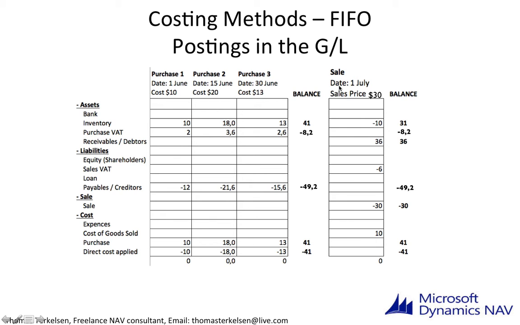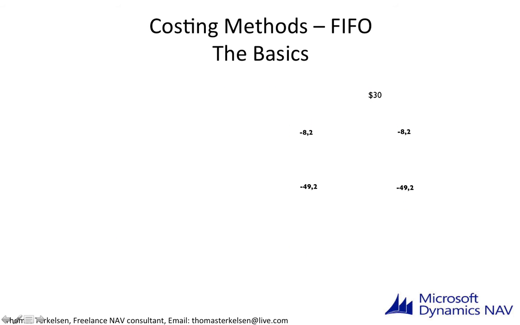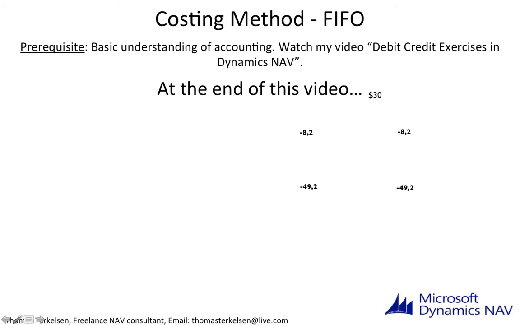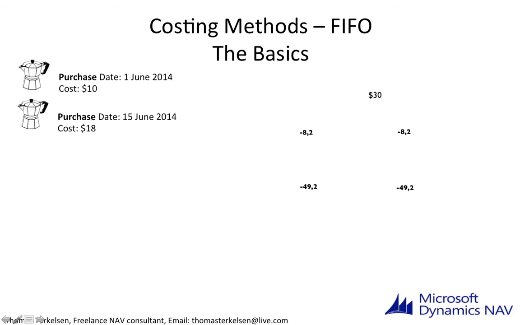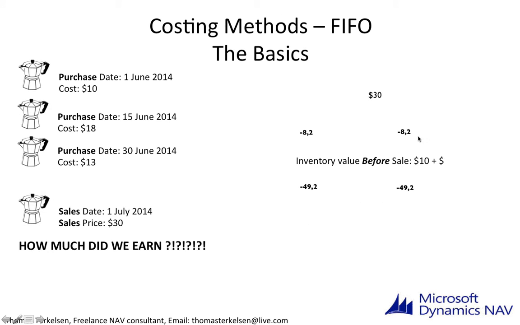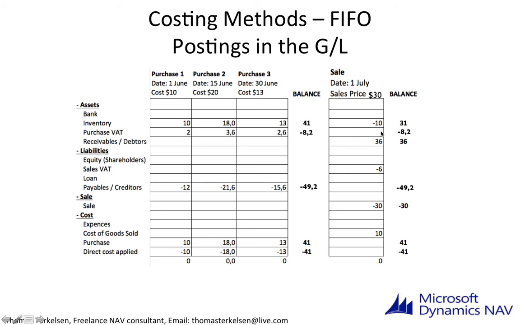When we then sell this particular item, $10 leave our inventory, so that reduces our inventory value to 31, which is the same as we can see over here. And what we can also see is that our cost of goods sold is now 10.